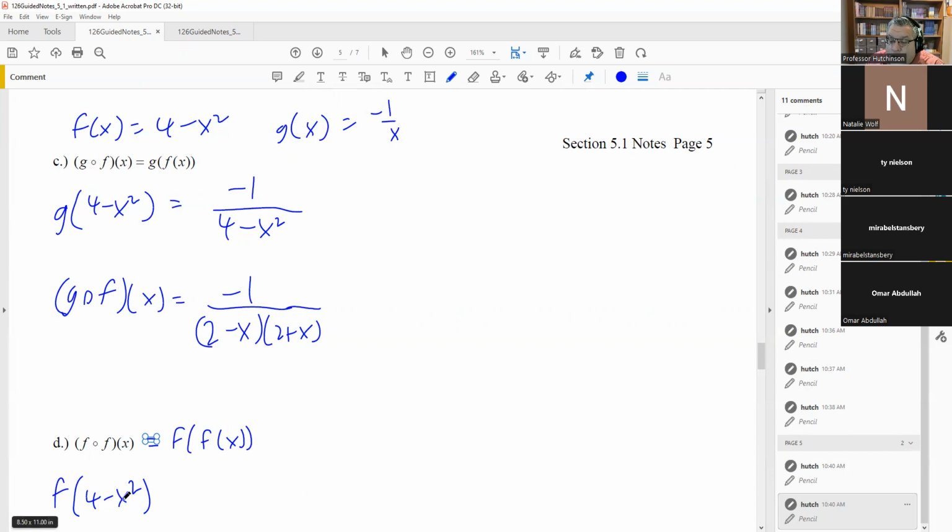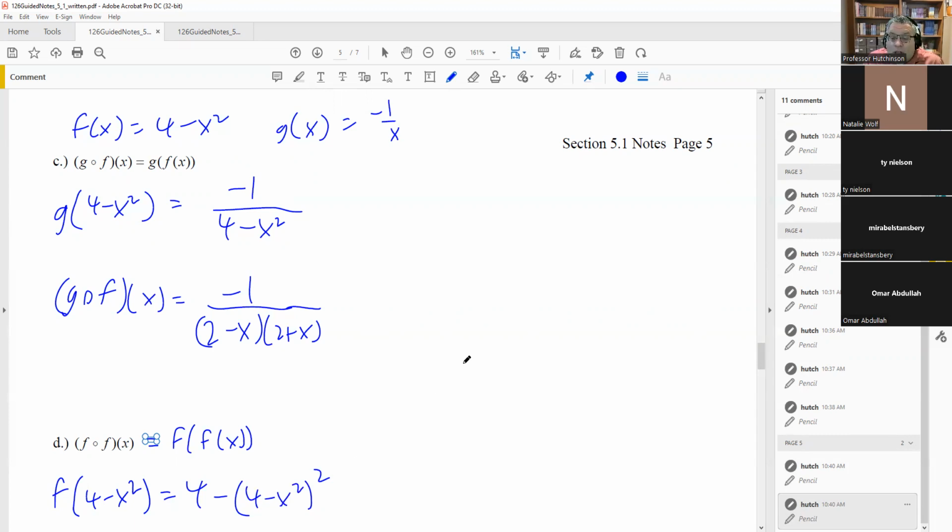And now I have to put 4 minus x squared into the x here. So the template would look like this. Here's the original f of x. I just took out the x, but the square is still there. This gets replaced with 4 minus x squared. This is not a fraction.